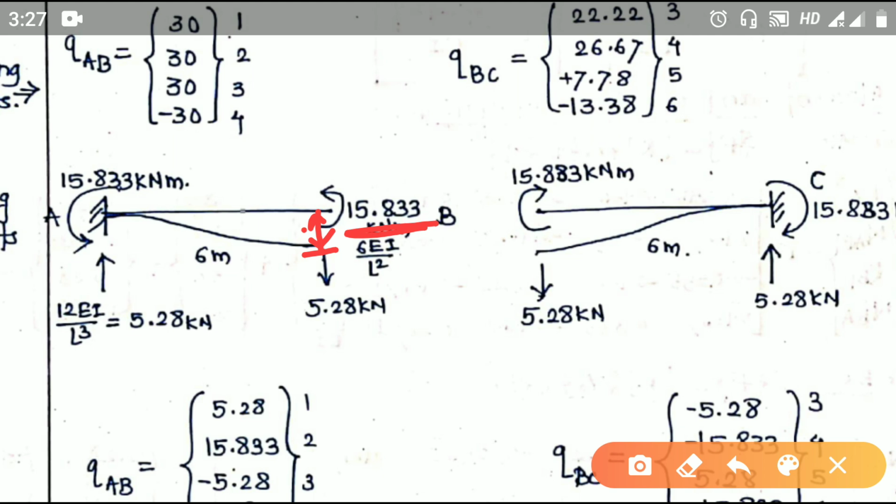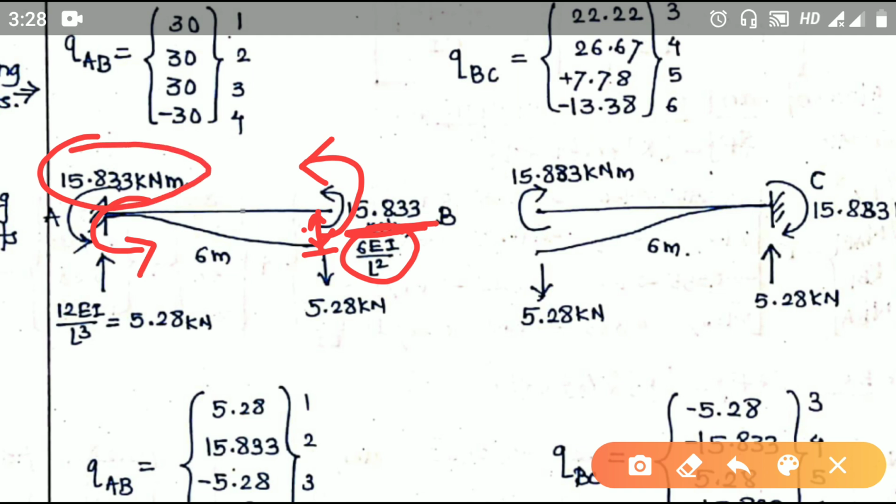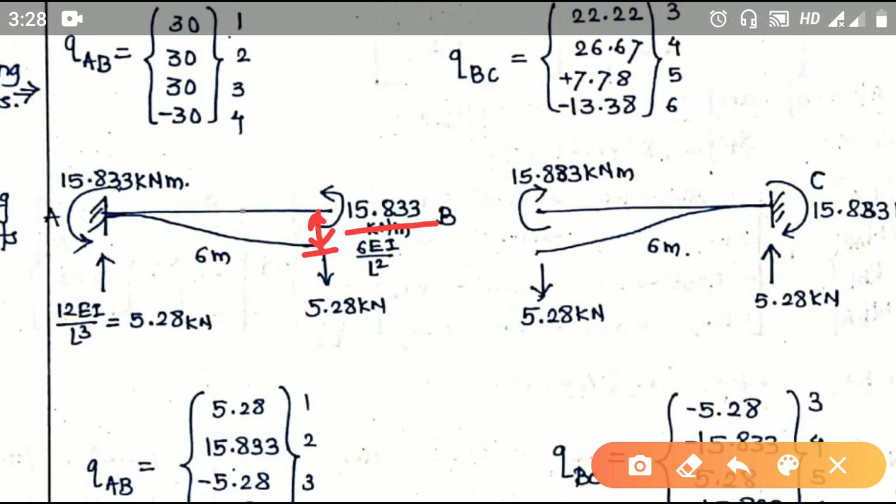Here it will be in an anti-clockwise direction, the same sense of rotation at point A, anti-clockwise. Both moments are the same, 6 EI upon L square, and that quantity is calculated here as 15.833 kilonewton meter.